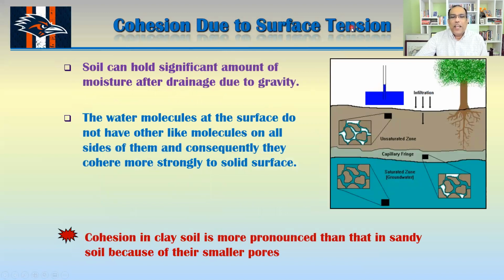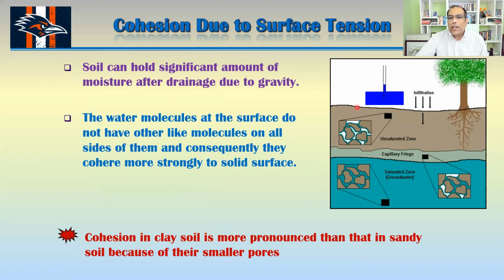Cohesion due to surface tension. You can see soil can hold a significant amount of moisture after drainage due to gravity. The water molecules at the surface do not have other molecules on all sides of them, and consequently they cohere more strongly to the solid surface. If you put a very thin tube in water, you will see some of the water will go up in it. That's because of the surface tension, right?